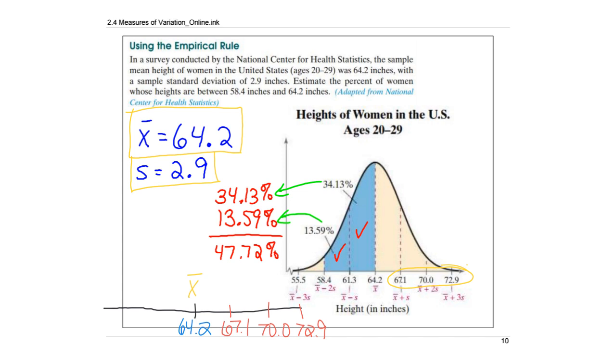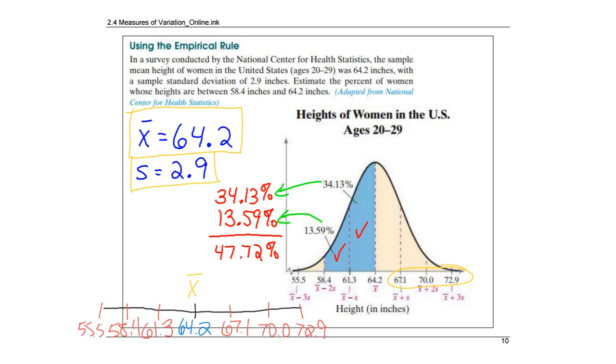Okay, so now let's go on the other side. Again, I've got the 3 tick marks here. This time I'm going to subtract because I need to have smaller numbers over here. So I have 64.2. I'm going to subtract 2.9. That gets me 61.3. Subtract 2.9 again, I get 58.4. And one more time, I get 55.5.